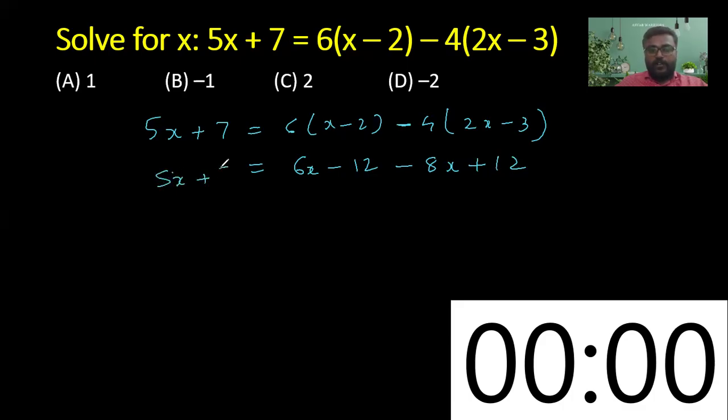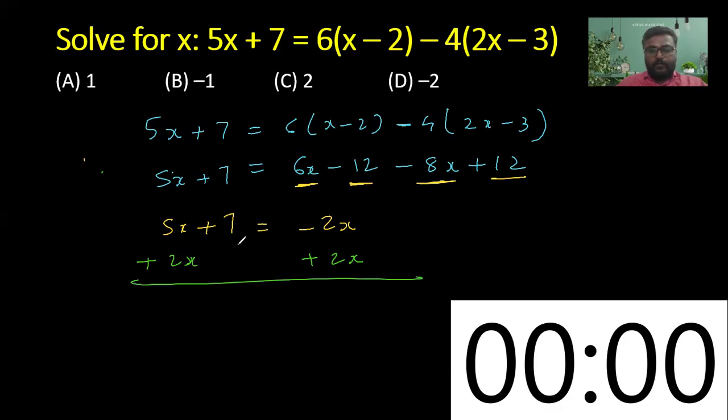So here we have 5x plus 7. Let's try to solve the like terms first. 6x minus 8x will be negative 2x, minus 12 plus 12 is going to end up to 0, so I'll not write it. 5x plus 7. Now let's add 2x to both the sides. So what do we have? 7x plus 7 is equal to 0.